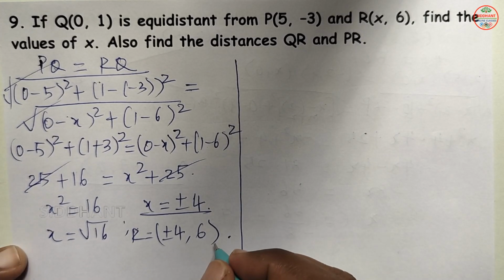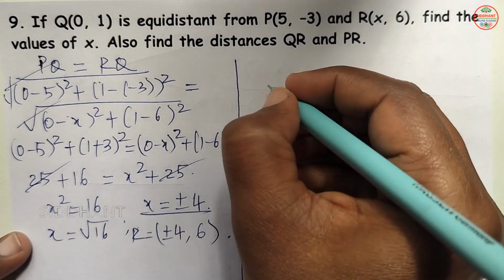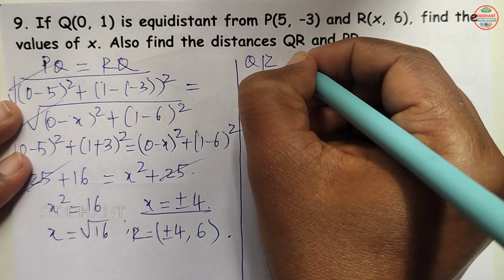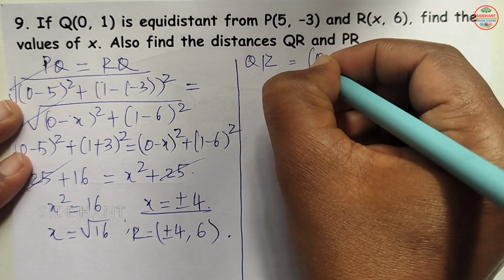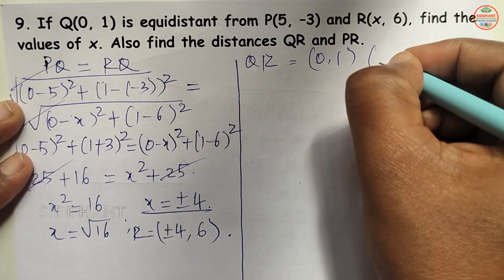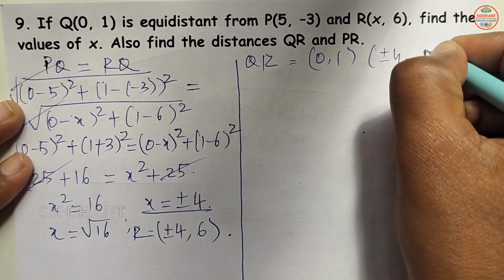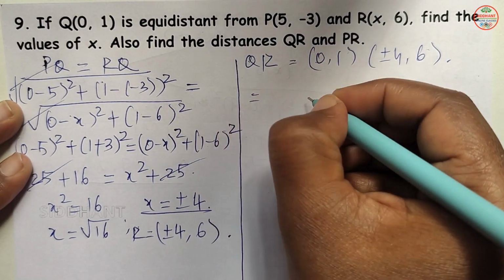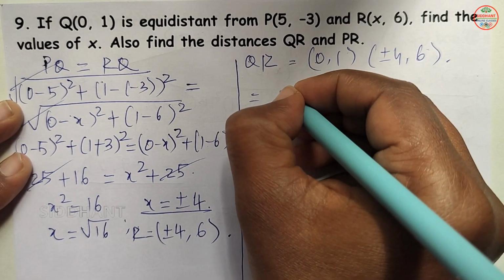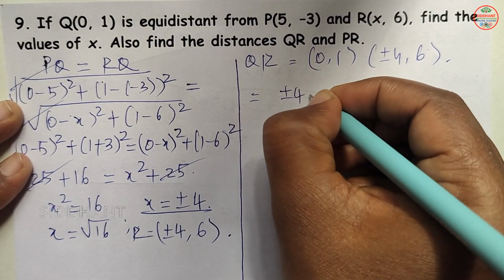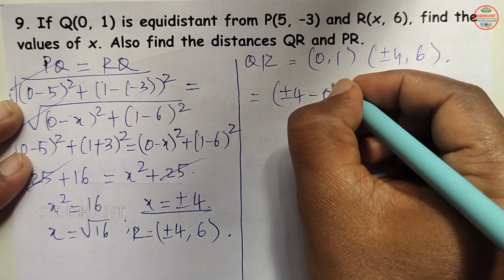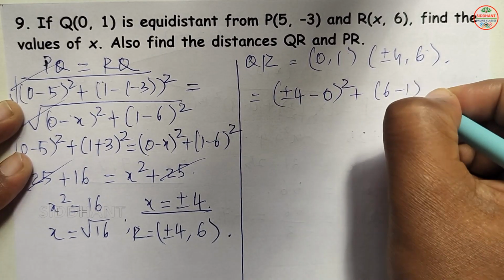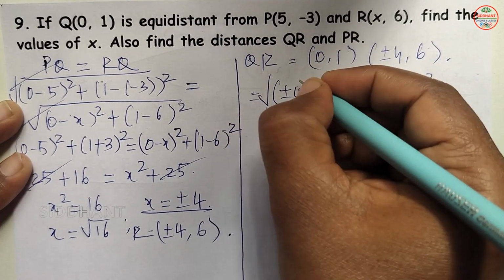Now we are going to find the distance of QR and PR. The QR we are going to see, which will be 0 comma minus 1, and plus or minus 4 comma 6. So x2 minus x1, which will be plus or minus 4 minus 0, plus 6 minus 1 whole square, square root.